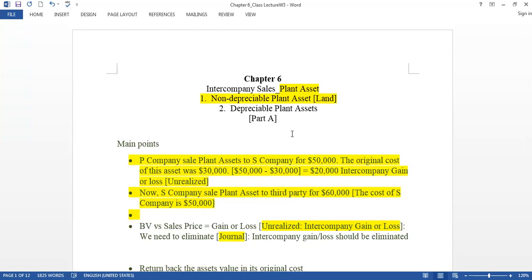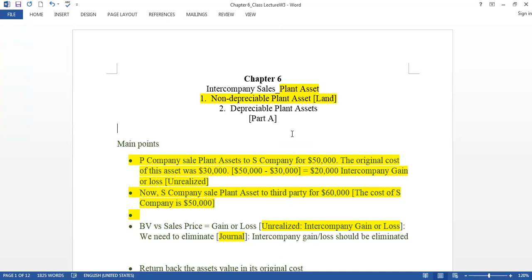What is the ultimate result? The asset belongs to our affiliated group. We are the parent and the brother-sister companies, right? So the asset is already within the affiliated group.